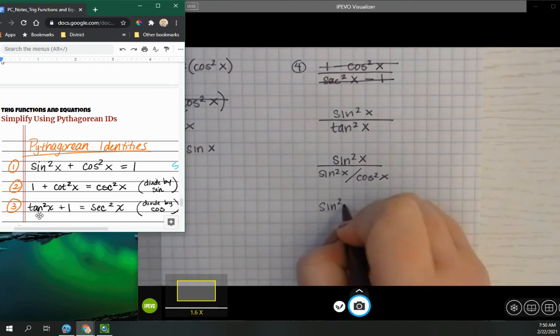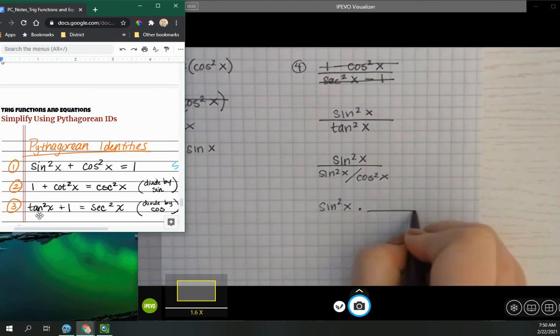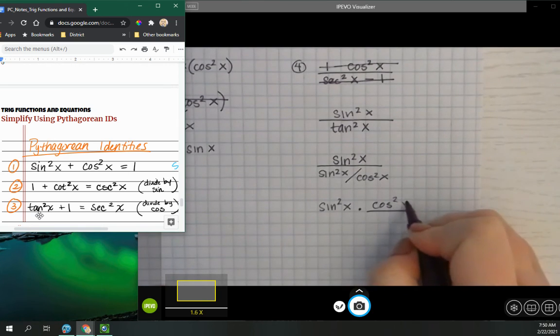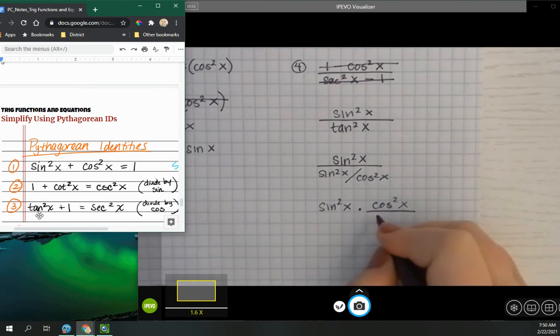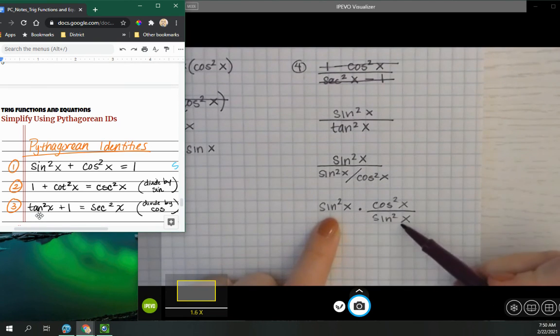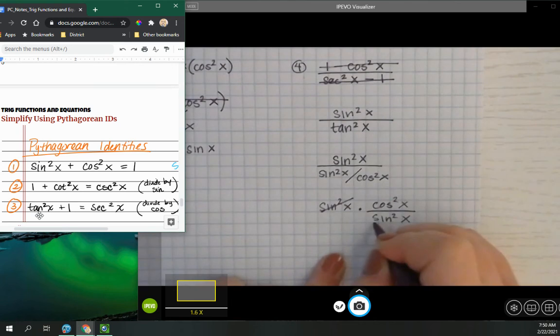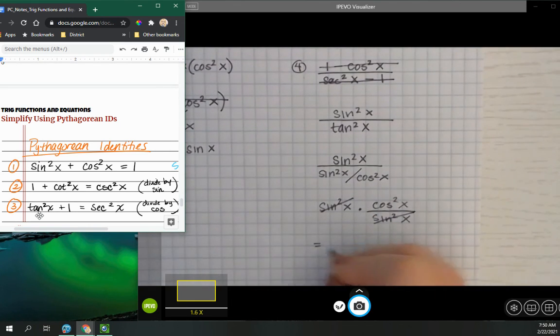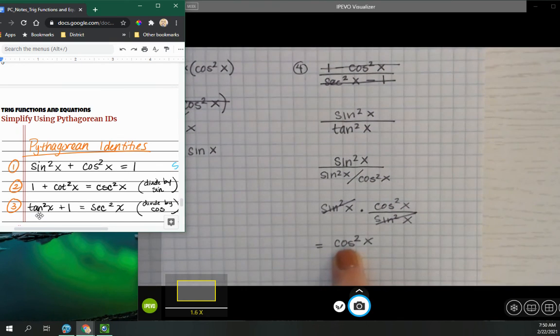Sine squared times the reciprocal. Cosine goes from the bottom to the top. Sine goes from the top to the bottom. Notice sine squared and sine squared will reduce. The only thing left will be cosine squared. So when I reduce this down to a single trig function, my single trig function is a cosine squared x, and this is my answer to number 4.